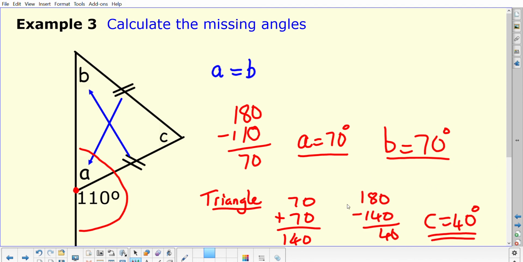So that's using your angle property of straight angle and your sum of angles in a triangle, but also recognising your equal angles in isosceles triangles. It's about bringing all the facts together and trying to use them in combination. So drawing a diagram will be important for these more detailed calculations that you need to do.